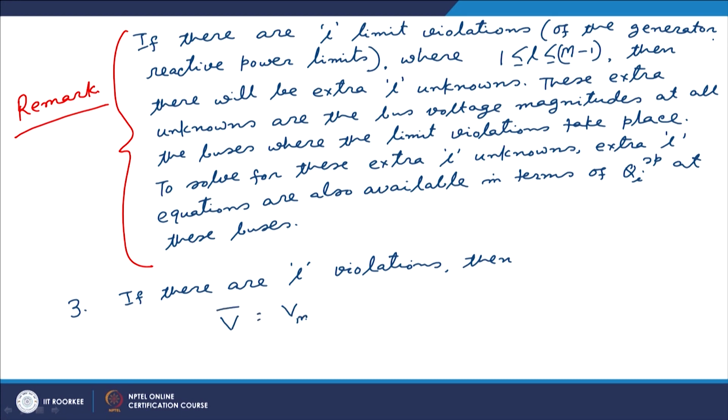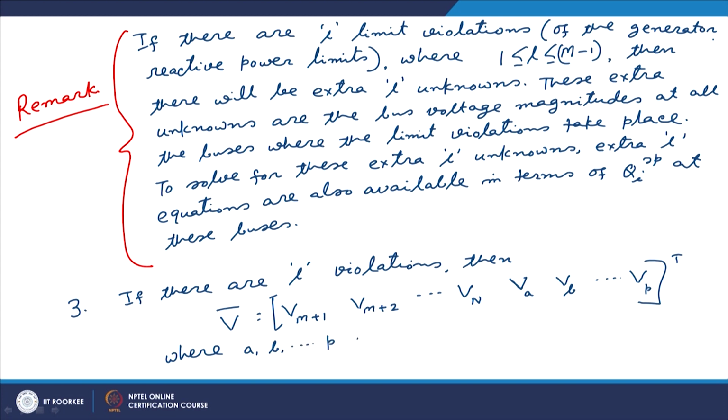The V vector is already V m plus 1, V m plus 2 to V n, and let us say this is V A, V B up to V p, where A, B are the buses at which violations take place.